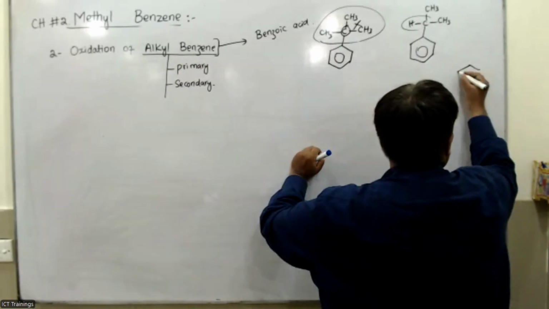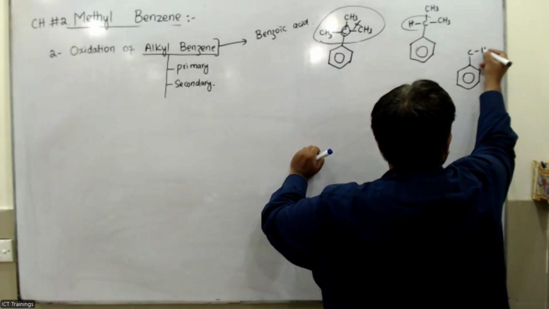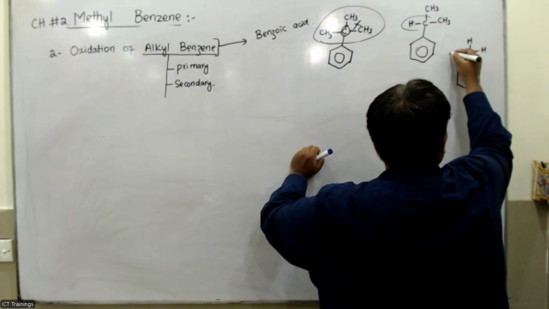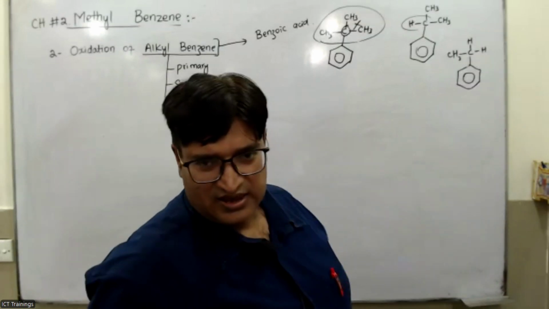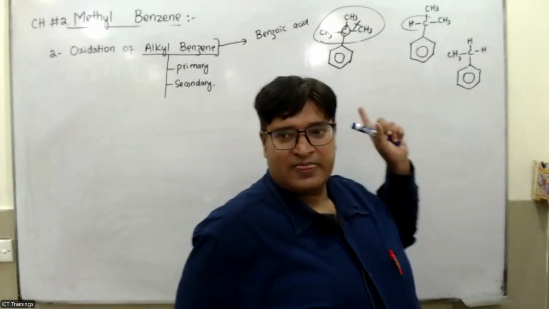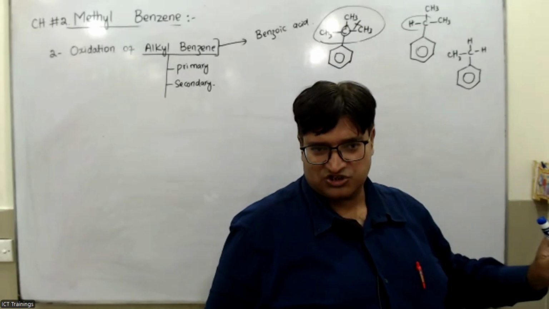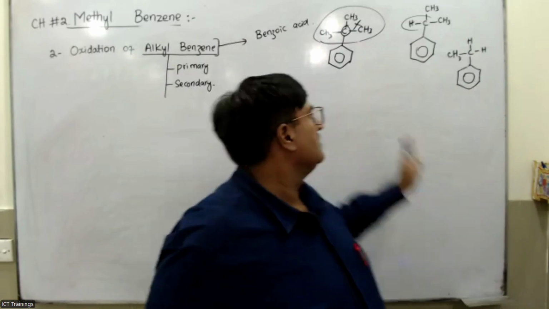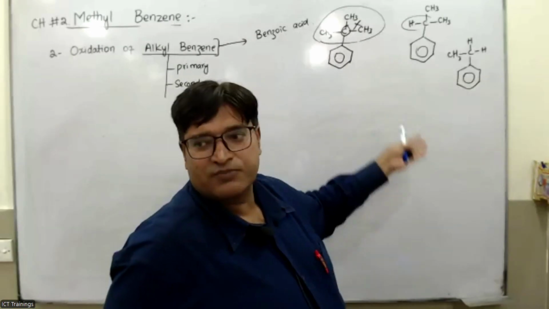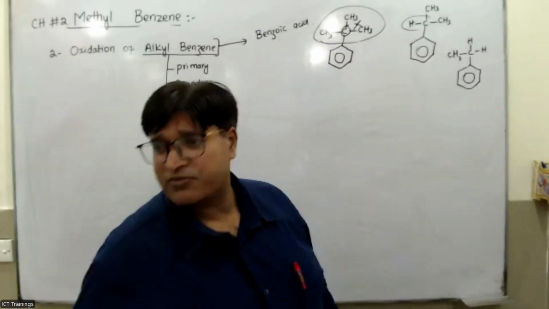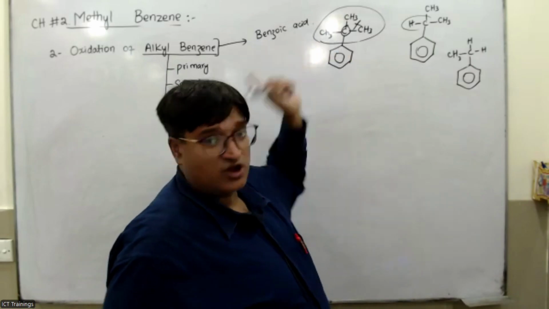And if you have 2 hydrogens attached with it, and 1 carbon attached, this one would be primary. So the tertiary carbon in the alkyl benzene does not undergo oxidation, uski oxidation nahi hoti. The primary and the secondary carbon attached with the benzene undergo oxidation, and whenever oxidation takes place, you always get the product benzoic acid.